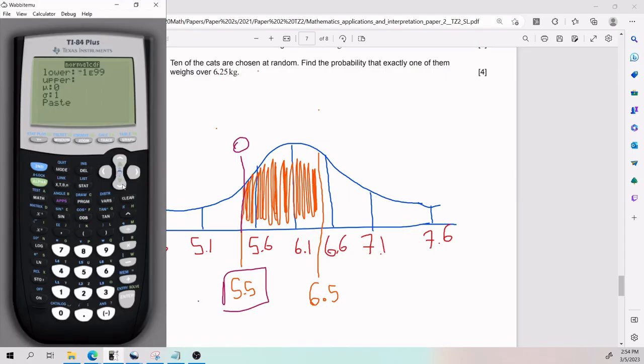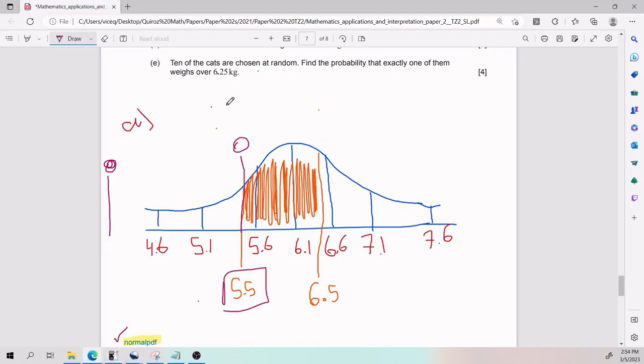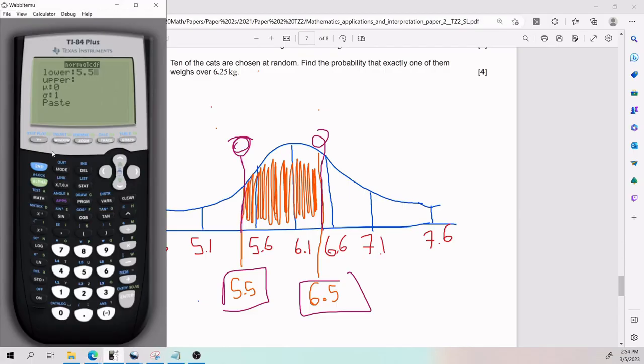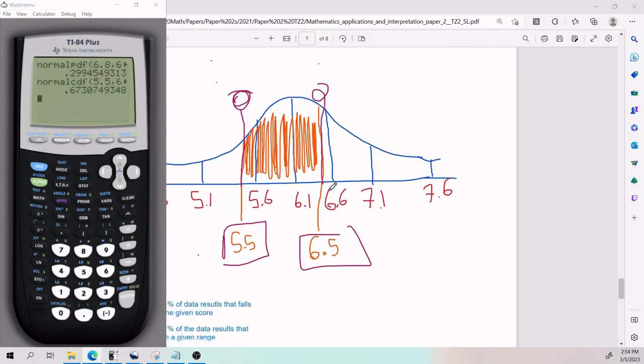So we're going to take this, change it to 5.5. So now our lower is not over here. It is indeed where I drew it before. And our upper end is going to be over here, which is at 6.5. So lower, upper, mean from the problem, standard deviation from the problem, paste. Boom, 0.67307.